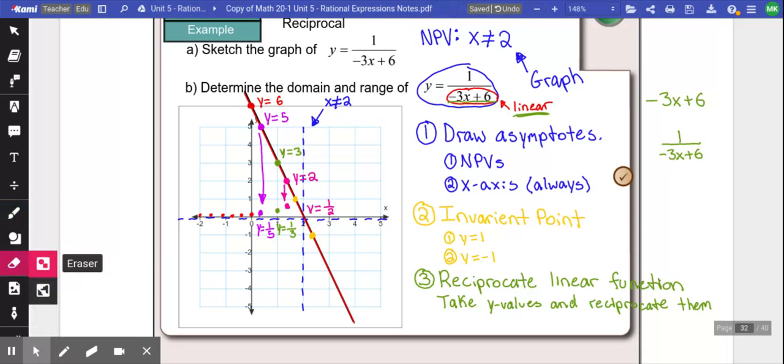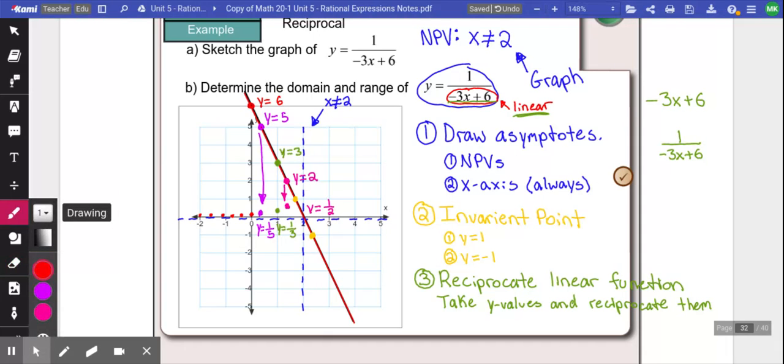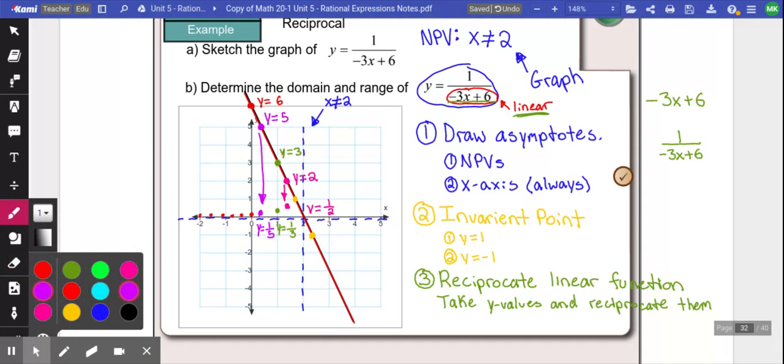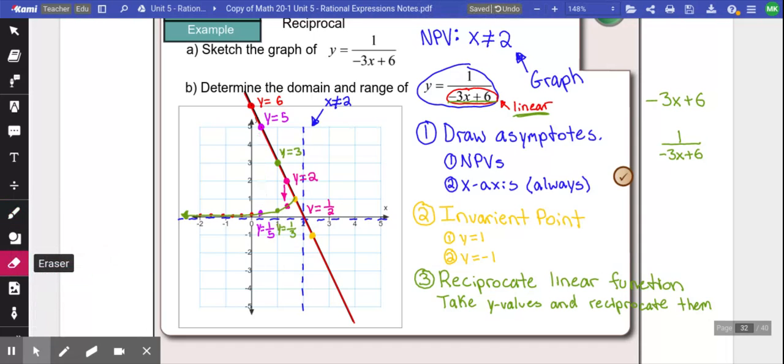If I was to connect these dots, my graph would look like this. And it makes that little curve. That green curve I just drew.